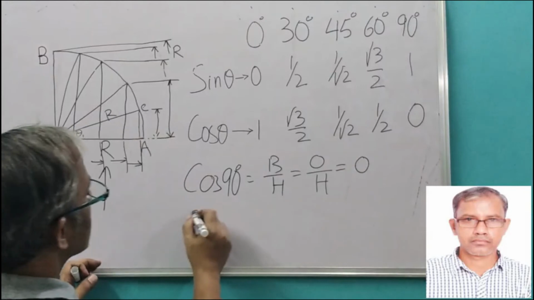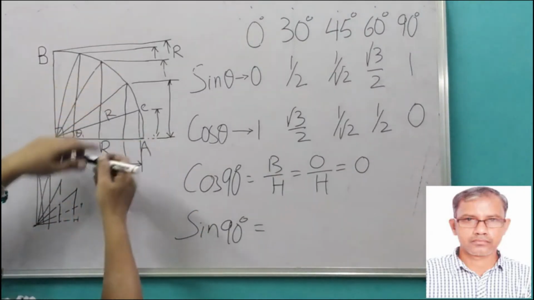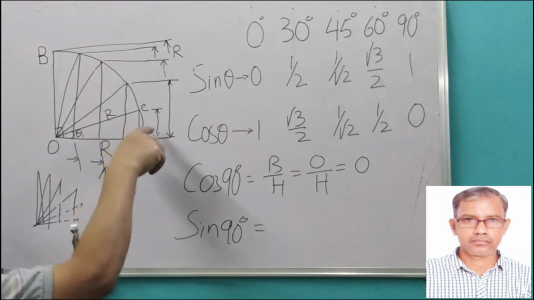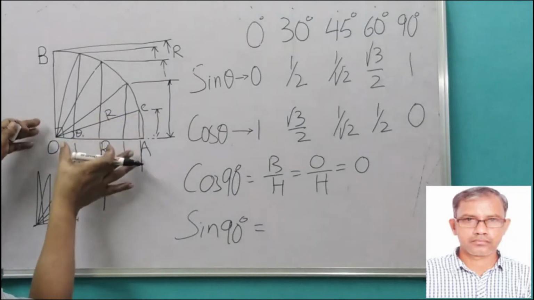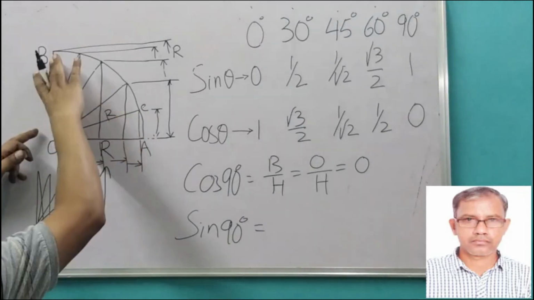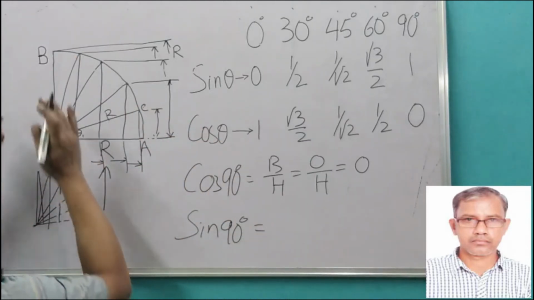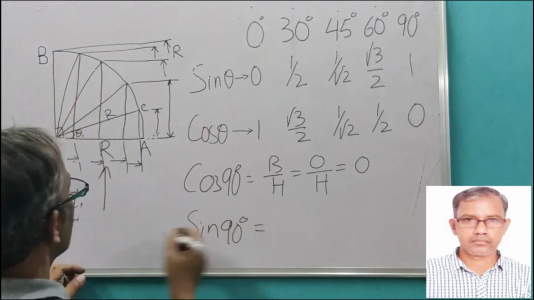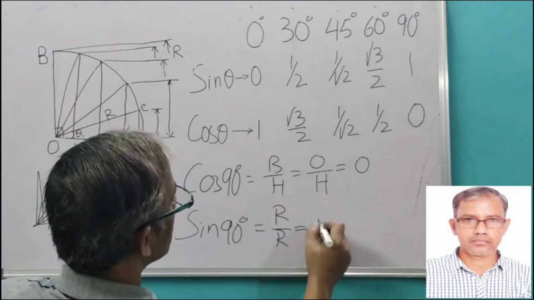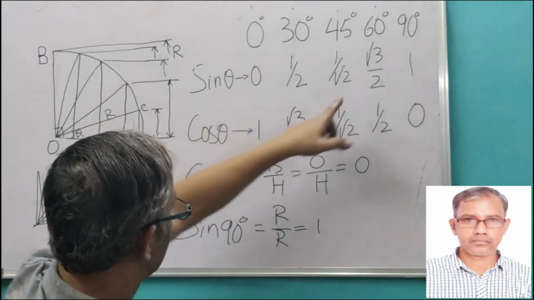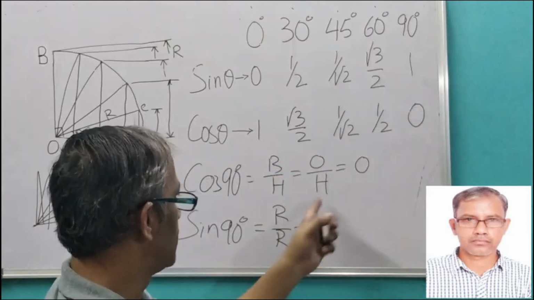And what about sine of 90 degrees? It depends on how much height the end point is making from the baseline. At 90 degrees, this radius will go and stand at 90 degrees. So in that case, the perpendicular will be the same as the radius. So it is now r by r. It becomes 1. So that is why sine of 90 degrees is 1 and cos of 90 degrees is 0.